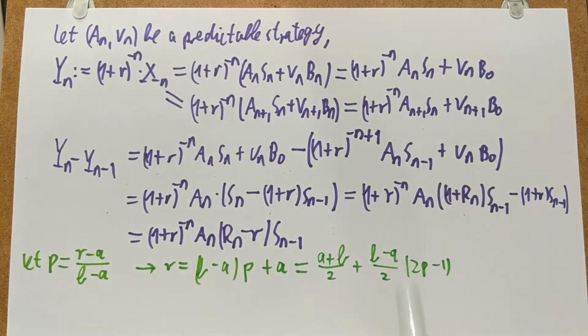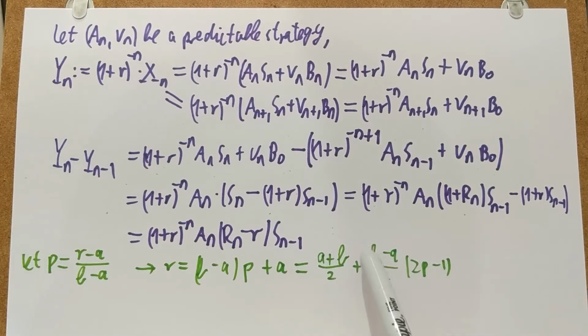You just check. B minus a times p is here, b minus a over 2 times 2p, that's there. And if you add a plus b over 2 with a minus b over 2, that gives you a. So these two are just equal.